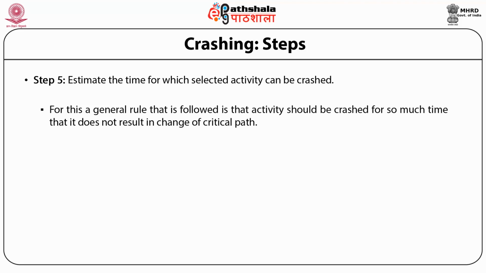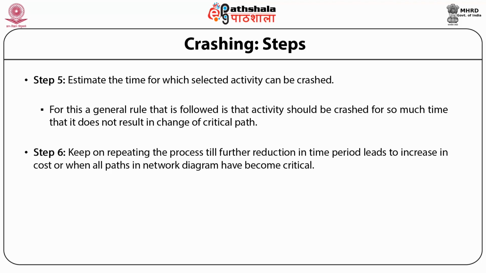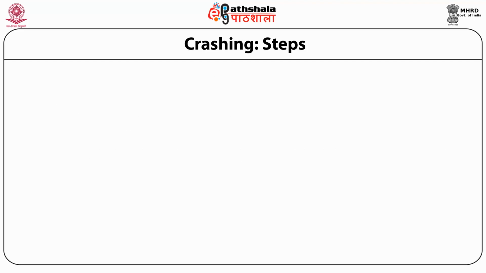For this, a general rule that is followed is that the activity should be crashed for so much time that it does not result in change of critical path. Step 6. Keep on repeating the process till further reduction in time period leads to increase in cost, or when all paths in the network diagram have become critical.